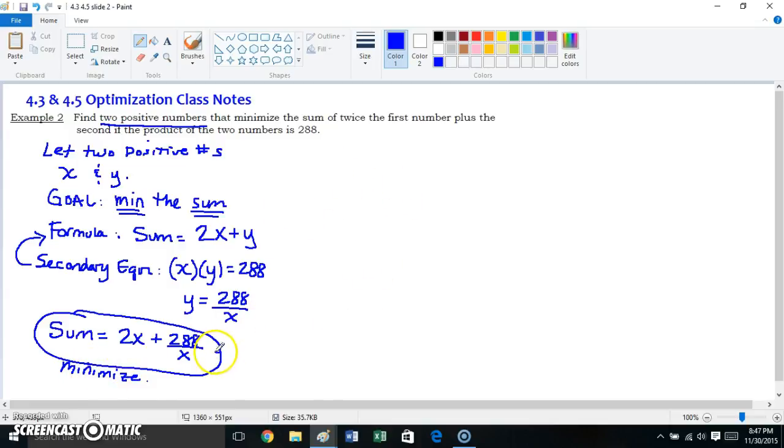Okay, so what we're going to do is find the derivative, because when we find the derivative and its critical points, we'll find possible locations of maximums and minimums. So my derivative is going to be 2 minus 288 over x squared.